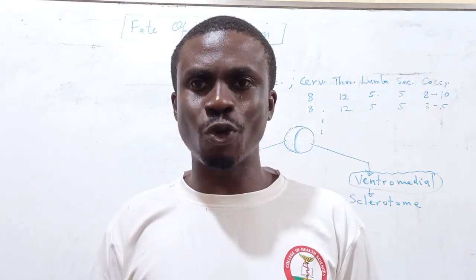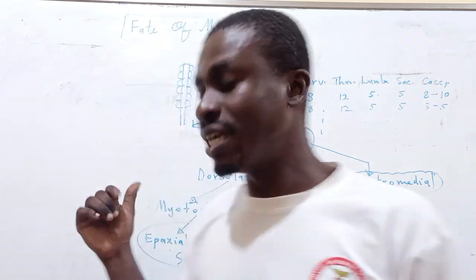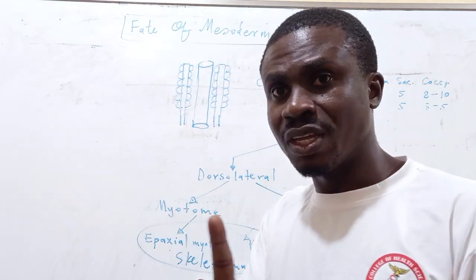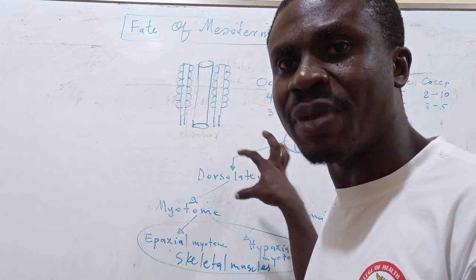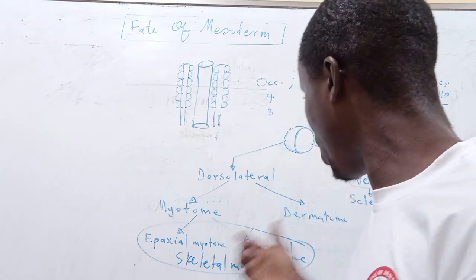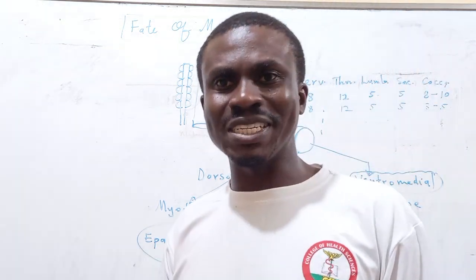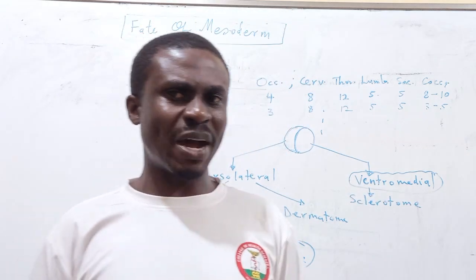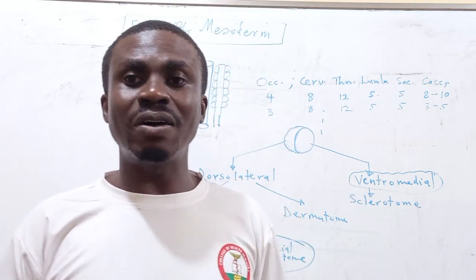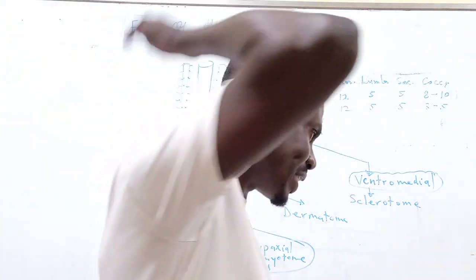And what mesoderm are we talking about? It's coming from this somite by way of the dermatome. So what dermis are you talking about? My friends, we are talking about the dermis of the dorsal body wall.